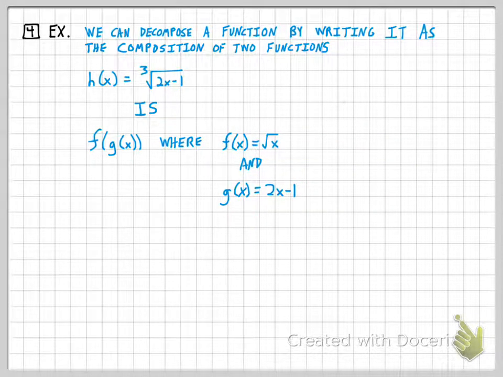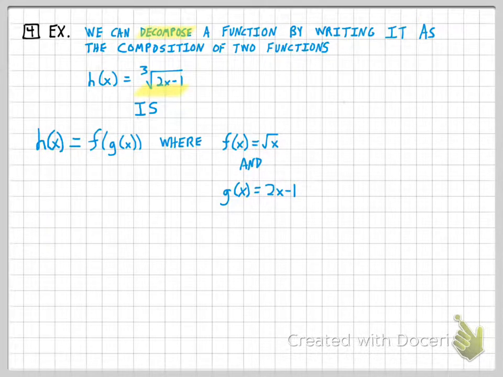Alright, our last box is the same idea backwards. We can actually learn how to decompose a function that looks complicated, but really is simply two different functions put together. So the key is to think of h of x as a composition of two functions f and g.